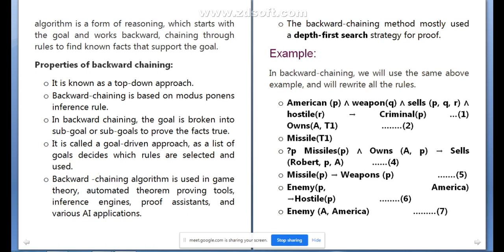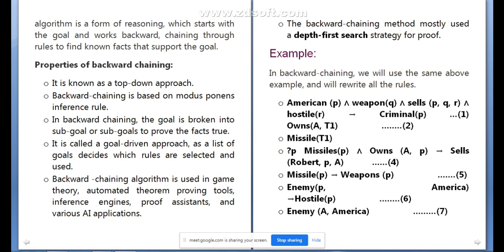That is the modus ponens inference rule. Am I right? Yes, sir. Okay. So backward chaining is based on the modus ponens inference rule.